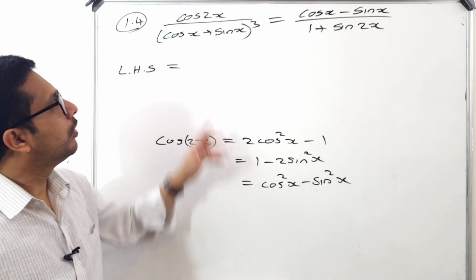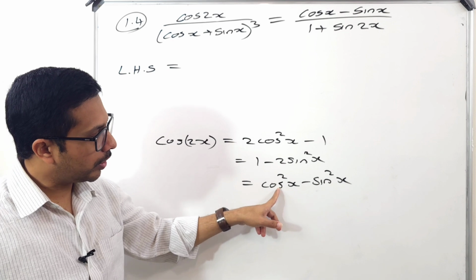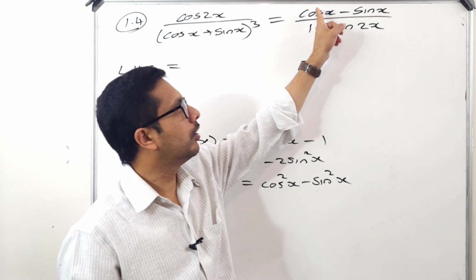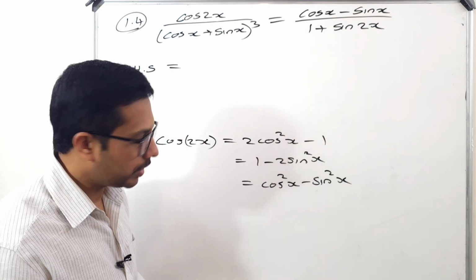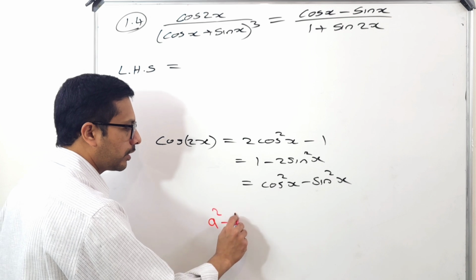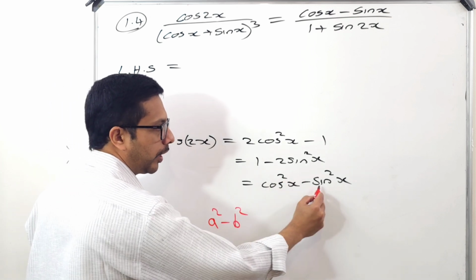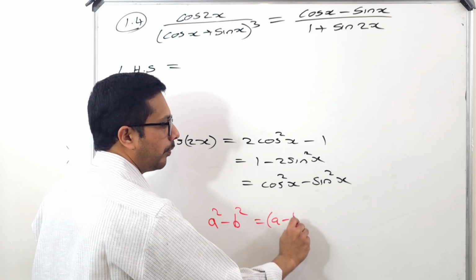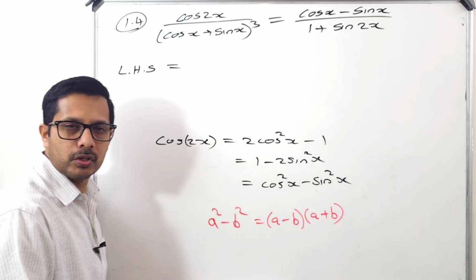So cos 2x, look at this one, cos square x minus sine square x. Here what we want is cos x minus sine x. This one is like a square minus b square, a difference of two squares. So how can you write it? a minus b into a plus b, the difference of two squares formula.